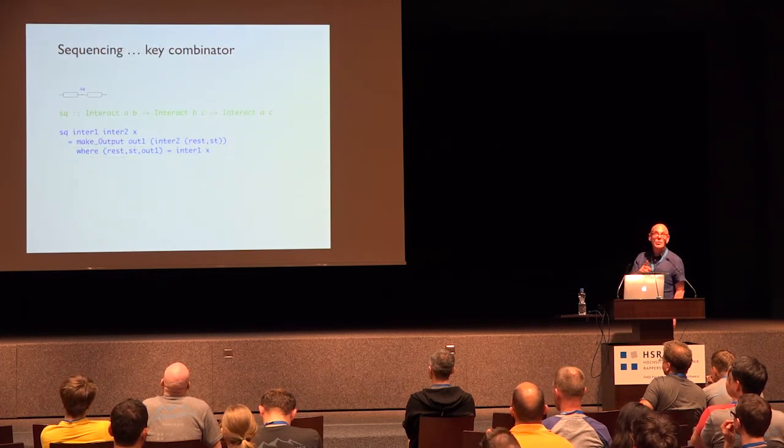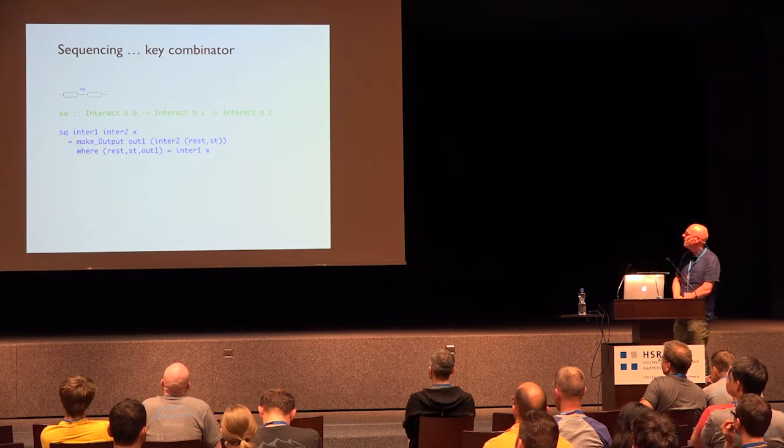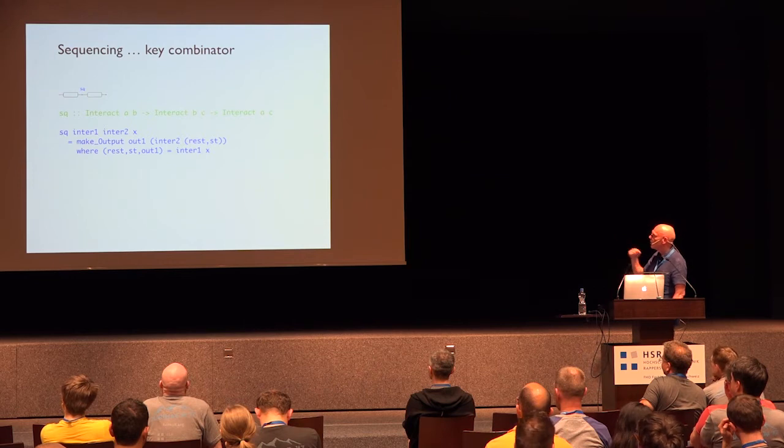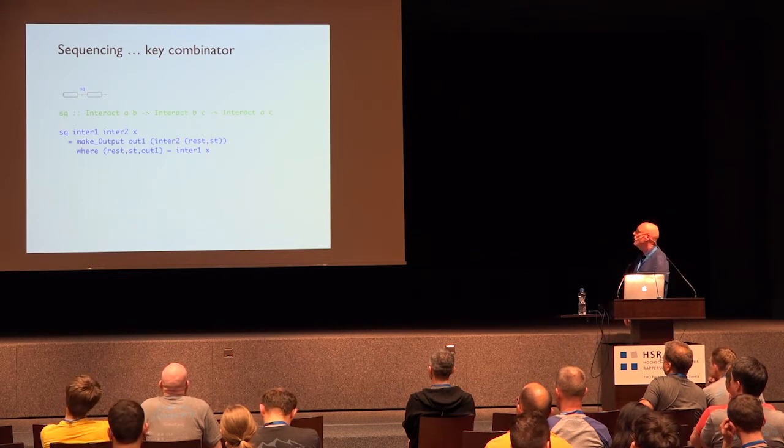But the key combinator, of course, is sequencing, and here's the definition. We've got two interactions and an input X. We apply the first interaction to X, and we get the rest of the input, the new state and output. Then we have to somehow do that output and call the second interaction with the rest of the input and the new state.